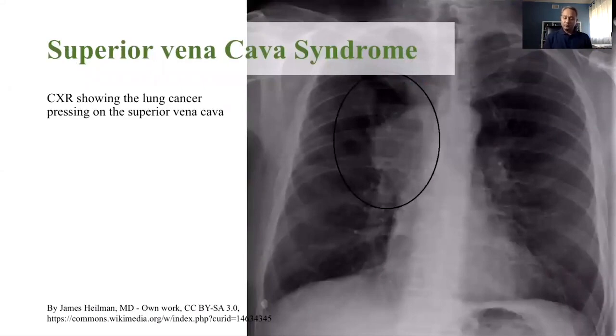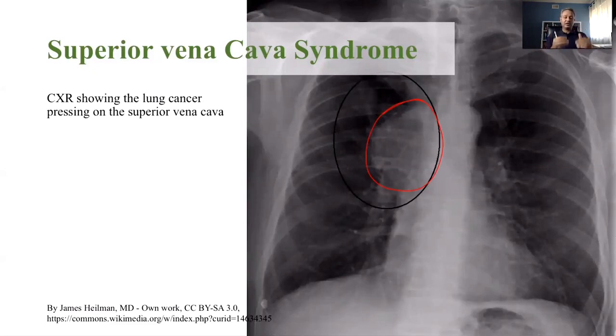Superior vena cava syndrome. If central squamous or small cell carcinomas are centrally located, they can impinge upon the superior vena cava. That would cause the blood returning to the heart to have difficulty, and that would then cause swelling of the areas drained by the superior vena cava, plus superficial veins will become engorged, bigger and visible on the skin. Why?